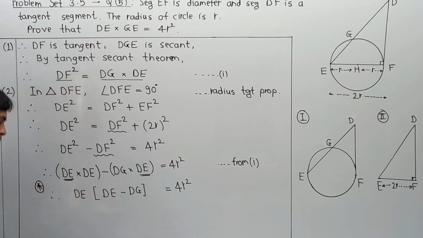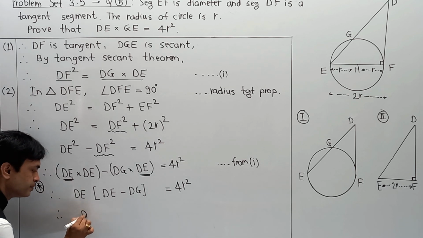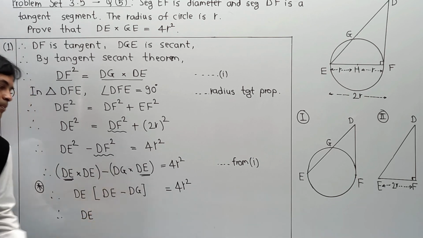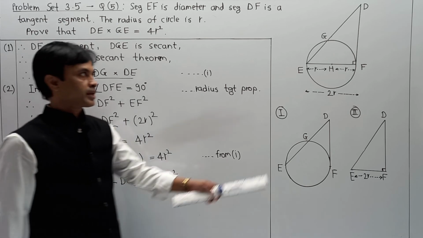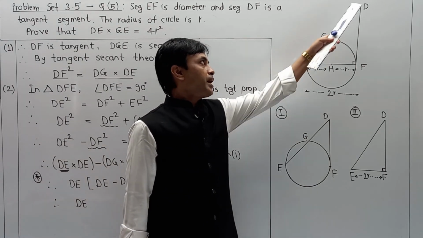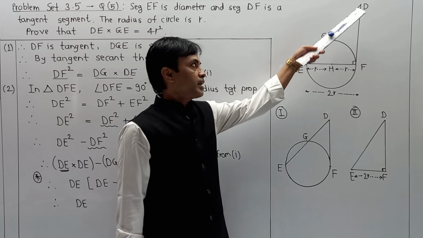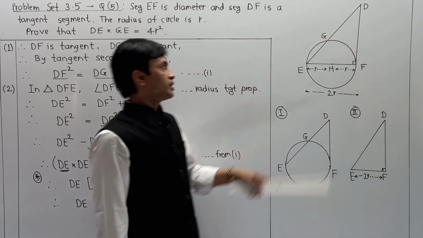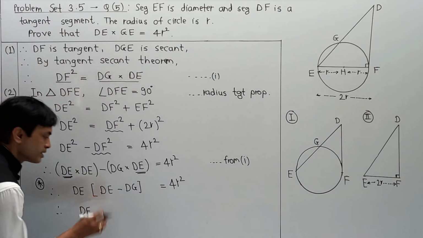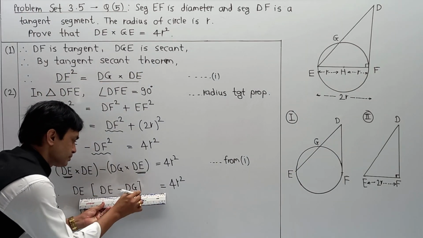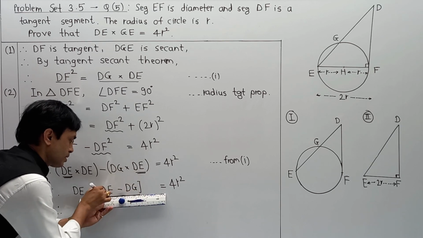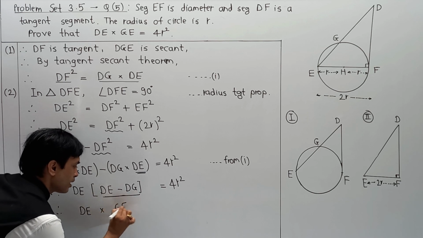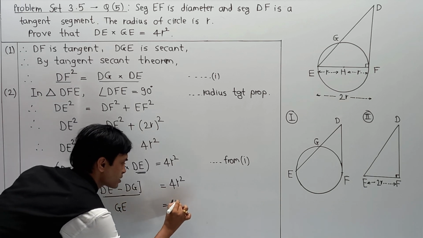So DE will remain as it is, and DE minus DG, from the diagram, DE minus DG is nothing but GE, which is the remaining part, and this subtraction now becomes GE, equal to 4r square.